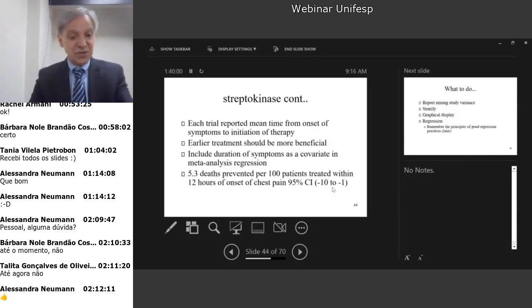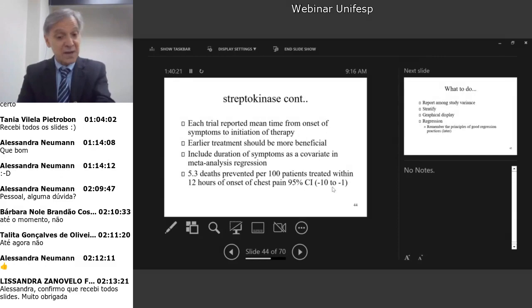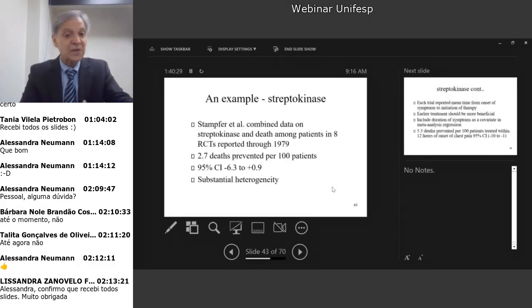Now, after I do this adjustment and include the duration of symptoms, 20 hours, 3 days, 4 hours, 2 hours, half a minute, whatever, once I include that as a control variable in the analysis, it is 5.3 deaths instead of 2.7, and the confidence interval is totally preventative. I prevent on average 5.3 deaths with a confidence interval of 1 to 10. At least 1 death was prevented here. It can be as high as 10. Okay, that's an interesting study to read and see how they came to the conclusion.